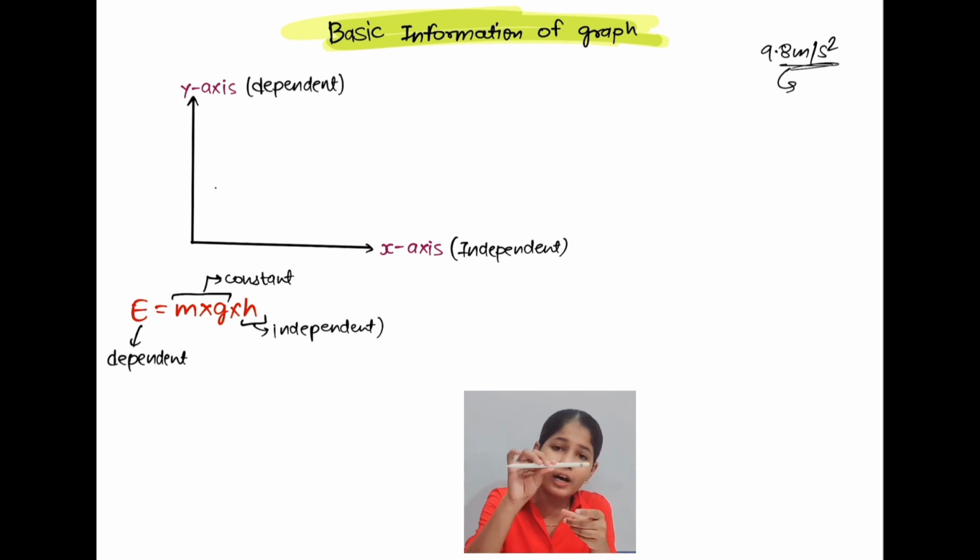In case I'm changing height to 10 meter, then again the mass will be the same, the acceleration due to gravity will be the same, but the height is differing. So can I say that height is variable here? So it is totally independent. Okay.